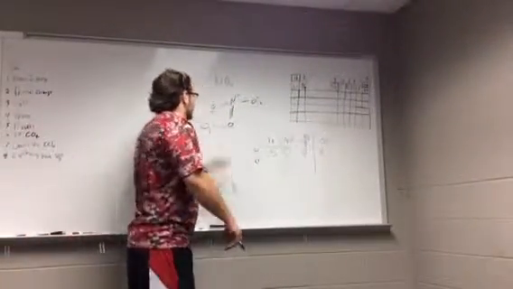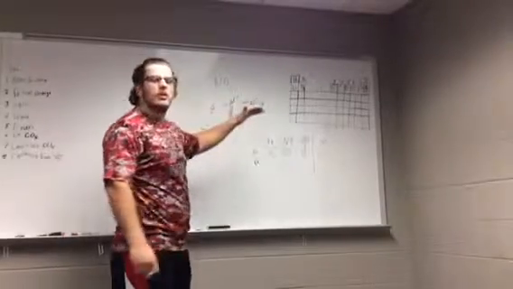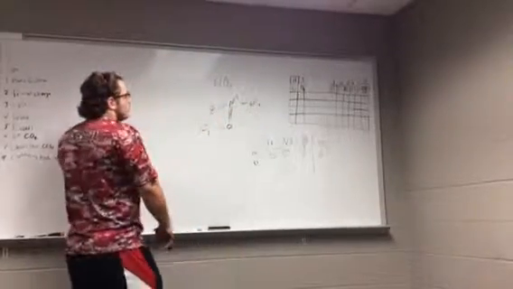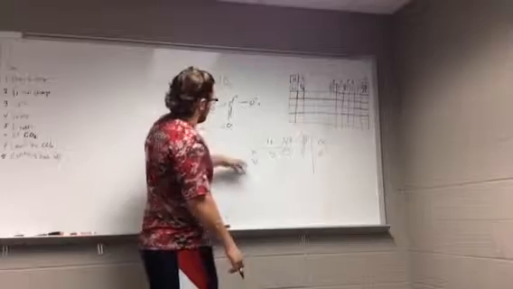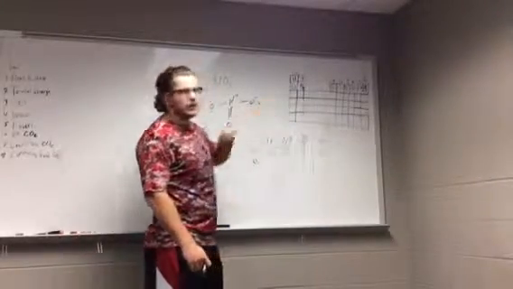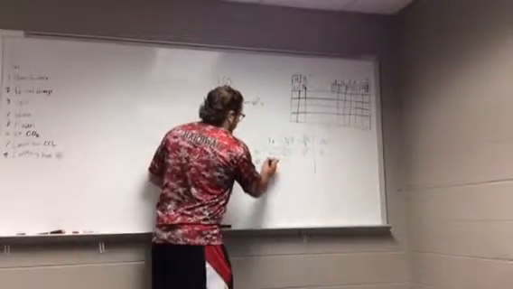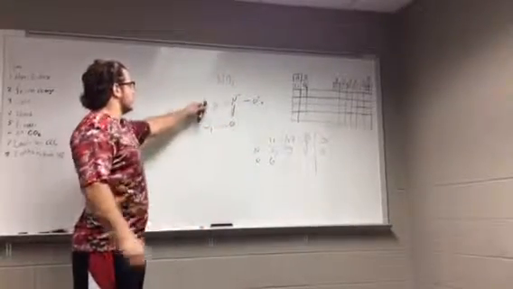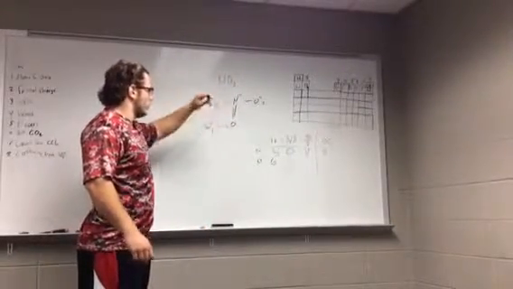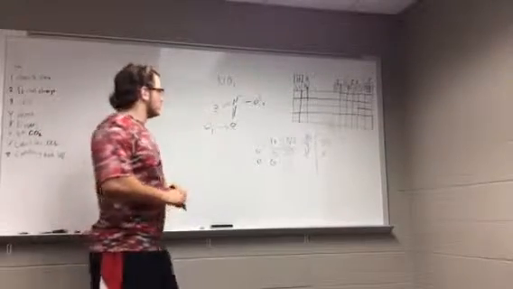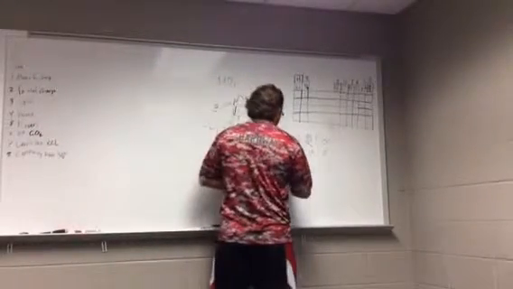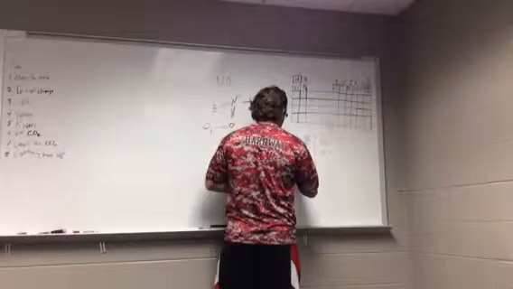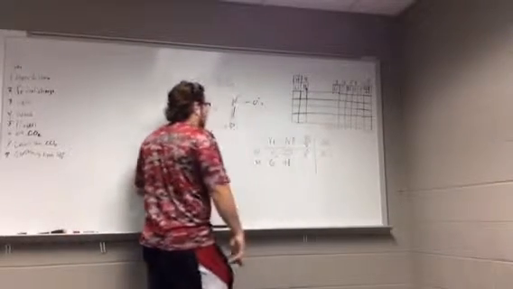How many valence electrons? We're going to go for the outermost formal charges. So valence electrons, oxygen has 6. So we're going to put down 6. How many non-bonding? So for each of these, they'll have 1, 2, 3, 4. 4 non-bonding electrons. So we write a 4.